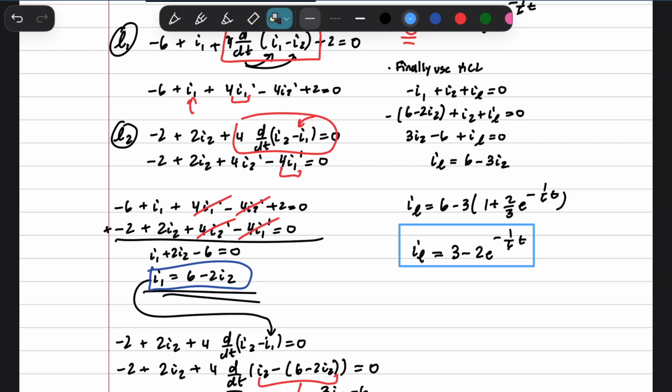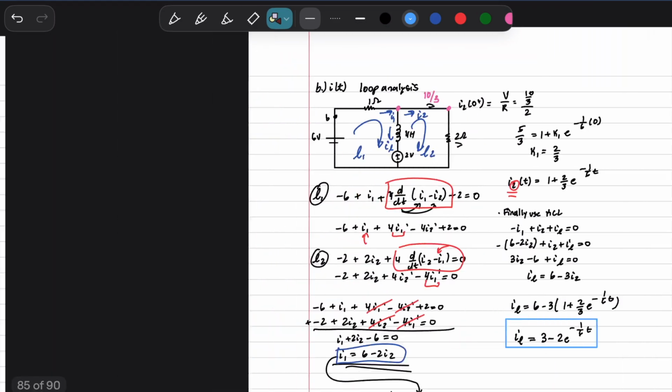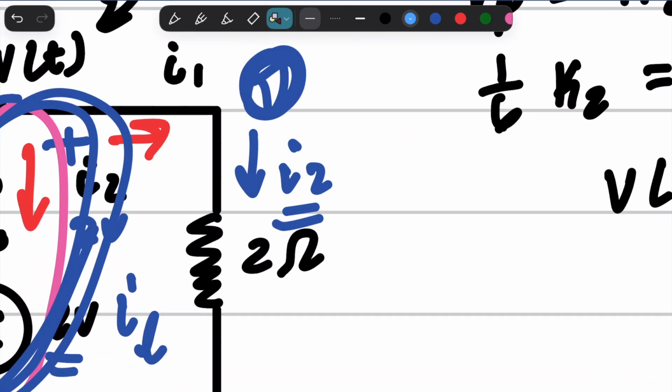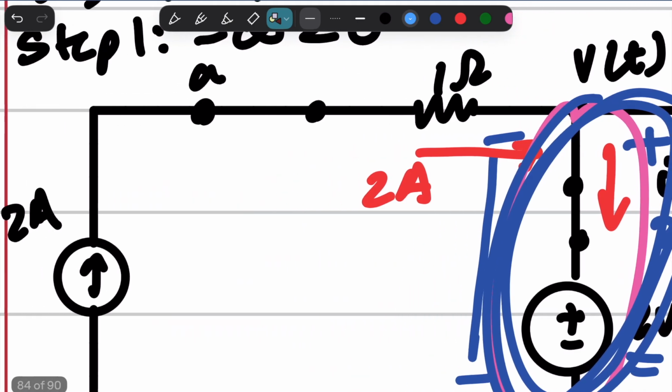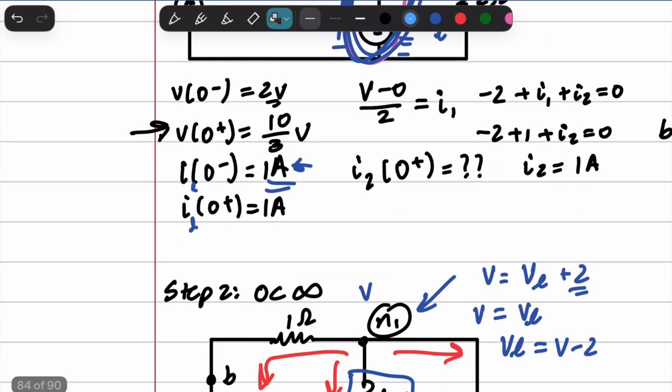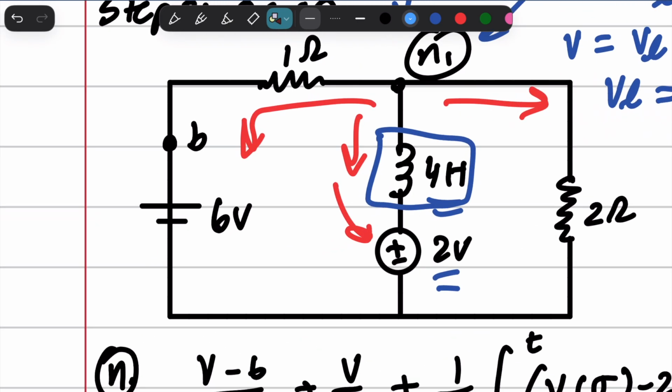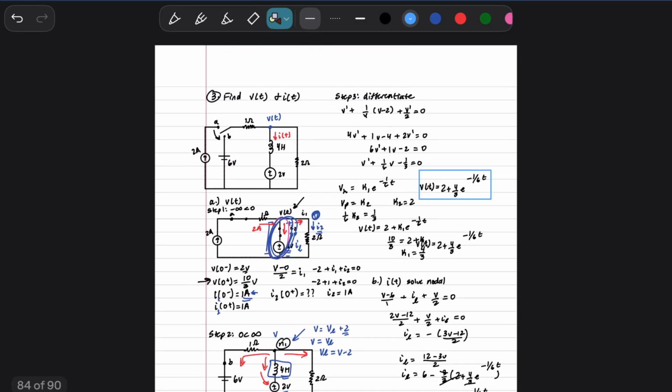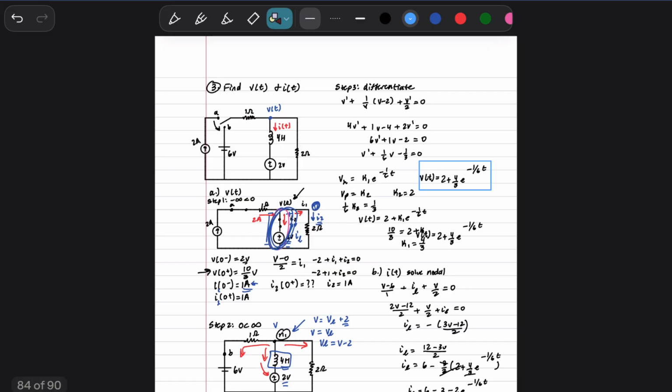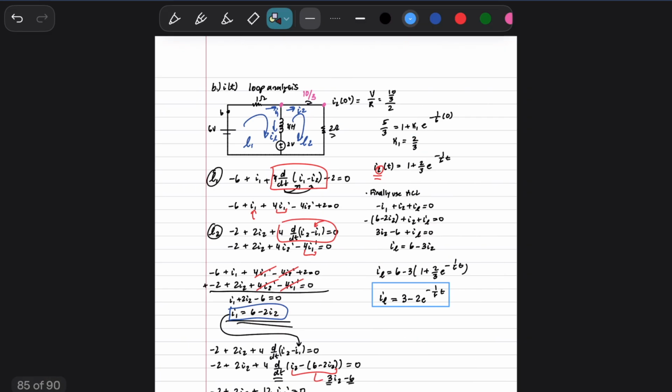So you would only use this method really if you wanted to find this right here. If you wanted to find I2, or alternatively, you wanted to find I1 right here. Okay? So yeah, if you prefer doing it this way, that's fine.